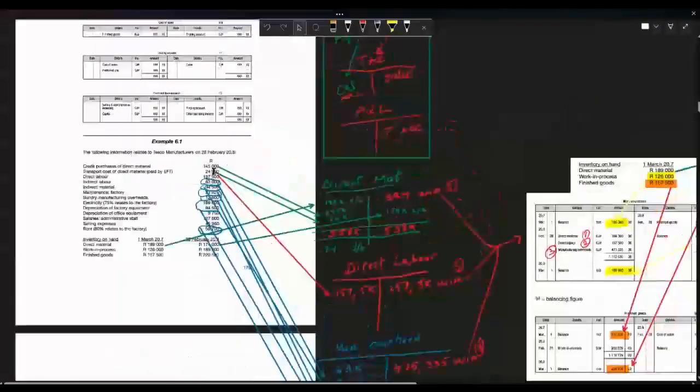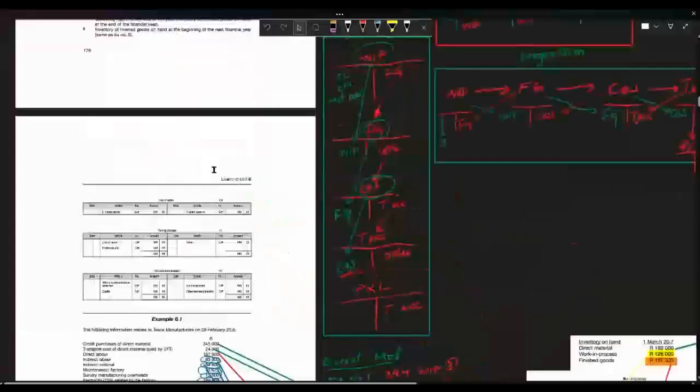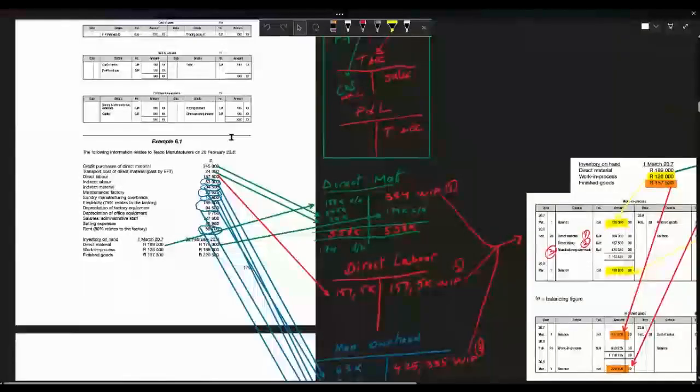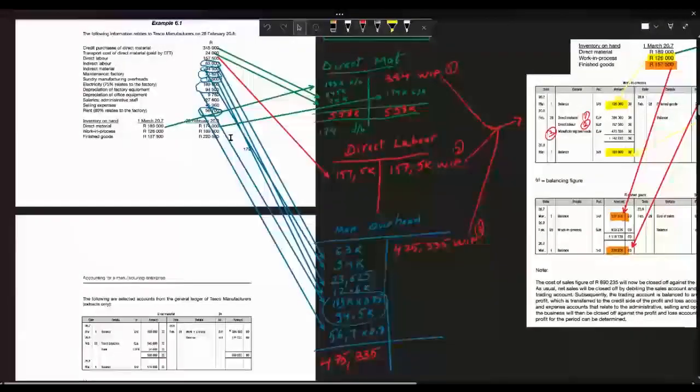So let's now move quickly into the practical example. So we have covered the theory part, and I've provided you wonderful visuals that will allow you to better remember. But now let's look at an example. Example 6.1. So we have the direct material.